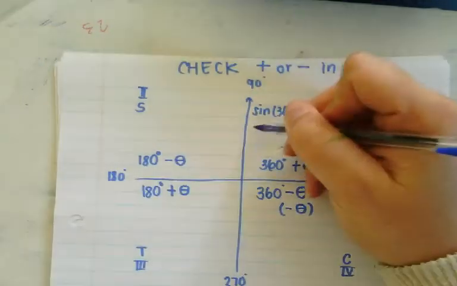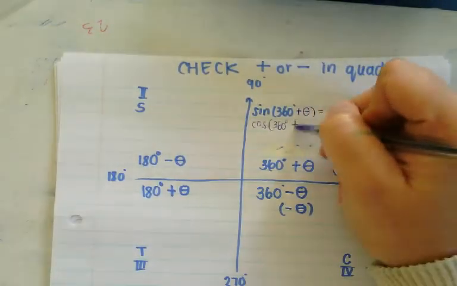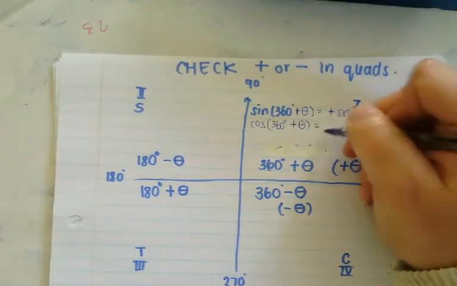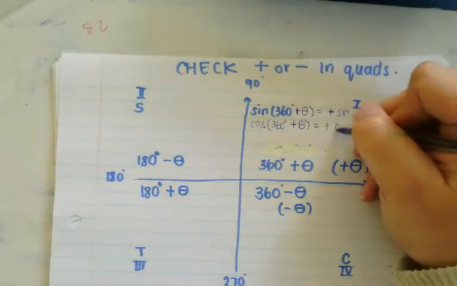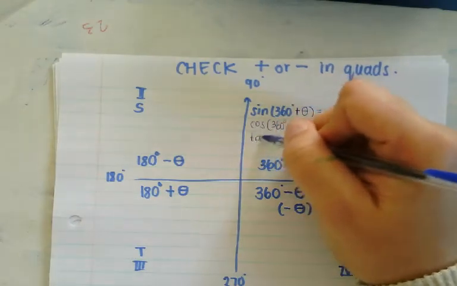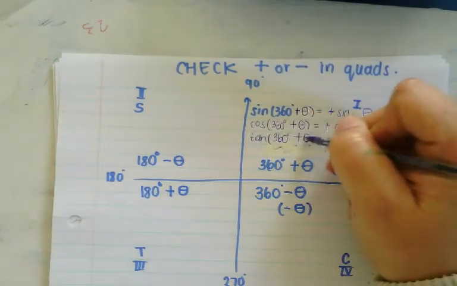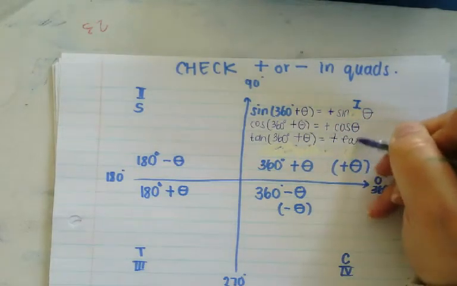So if I had cos 360 plus theta, is cos positive or negative? Positive. So I can reduce a larger angle to positive cos theta. And the same thing is repeated for tan. Also positive in that first quadrant.